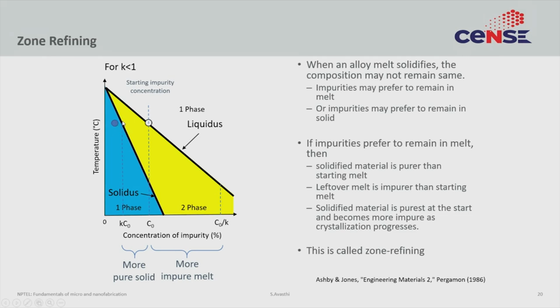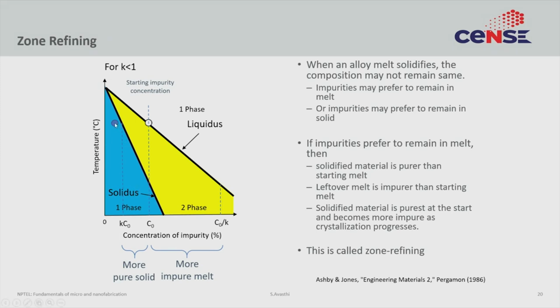So, this is the material that has frozen, and the concentration of impurities in this frozen material, if you look at this line, is this, right, which is lower than what you started with. Okay. So, the presence of this yellow region ensures that when you freeze a material with an impurity concentration C naught, the solid that you form will be K C naught, where K is less than 1. K here, by the way, is a distribution coefficient. We will come to that in the next slide.